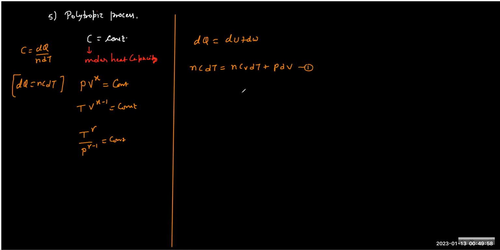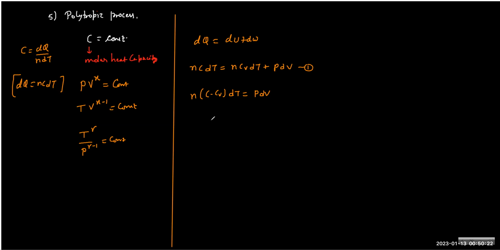And again, because you want some relation, you can write something here: n(C minus CV) dT equals P dV. And again, I do not want dT, so what will I do? As usual, you know what I can do.